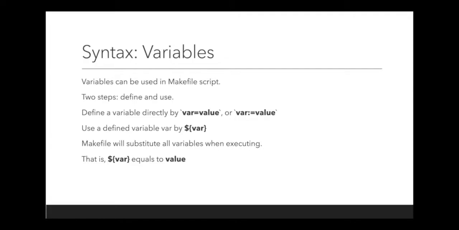Define a variable directly by the equal symbol or a colon followed by equal. We can use the defined variable by a dollar symbol and curly brackets. Makefile will substitute all variables when executing.